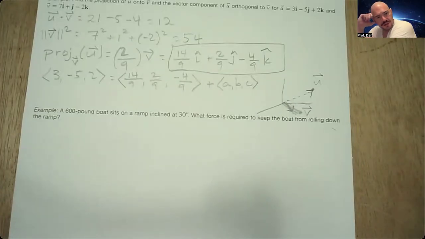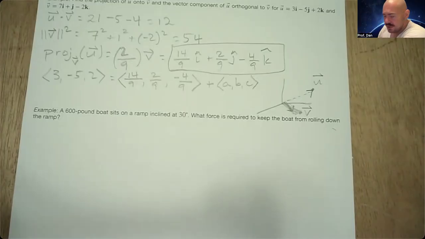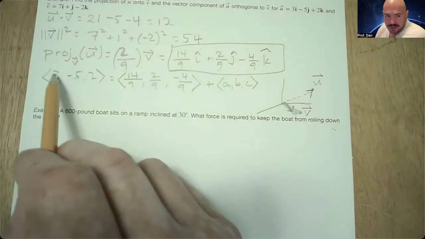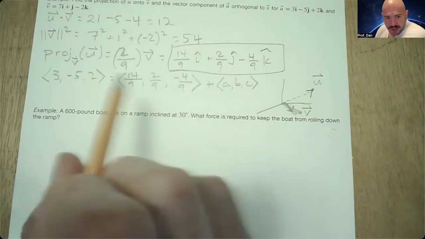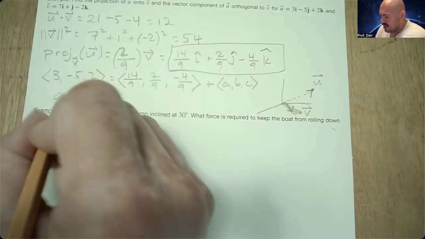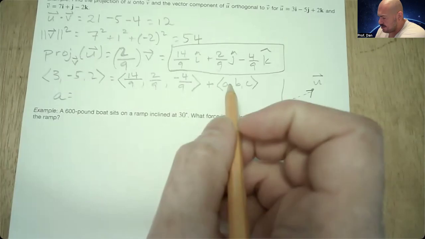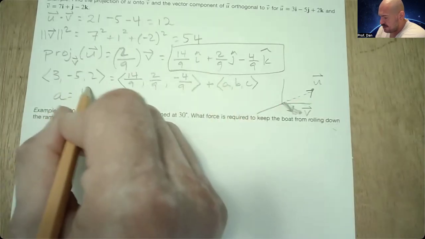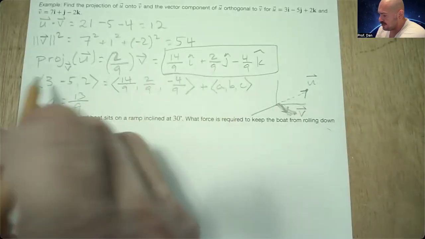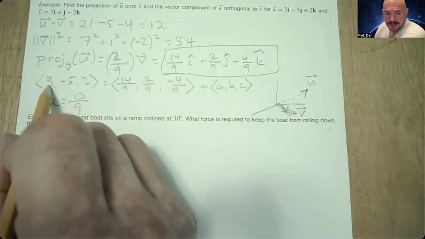So essentially I need to figure out what a, b, and c are by just combining these components together. If I have 14 ninths and I need to add up to 3, what do I need to add? Well, we know that 3 is 27 over 9. So that means that a would need to be 13 over 9. If I add 14 over 9 plus 13 over 9, I get 27 over 9, also known as 3.